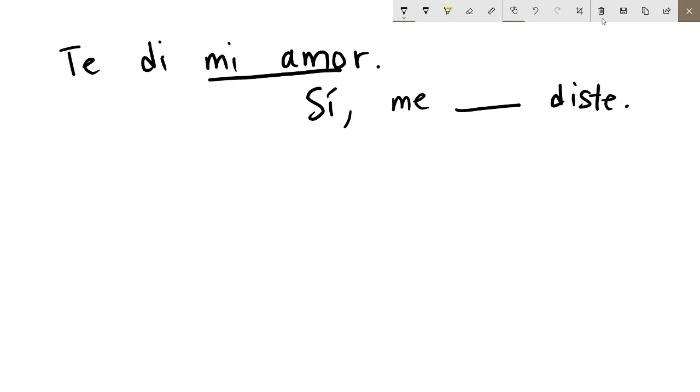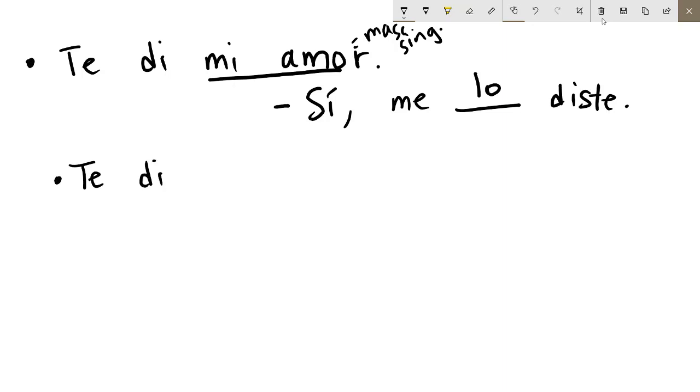And the person will say, of course, yes, you gave it to me. So amor is masculine, singular, so its pronoun will be lo. Sí, me lo diste.